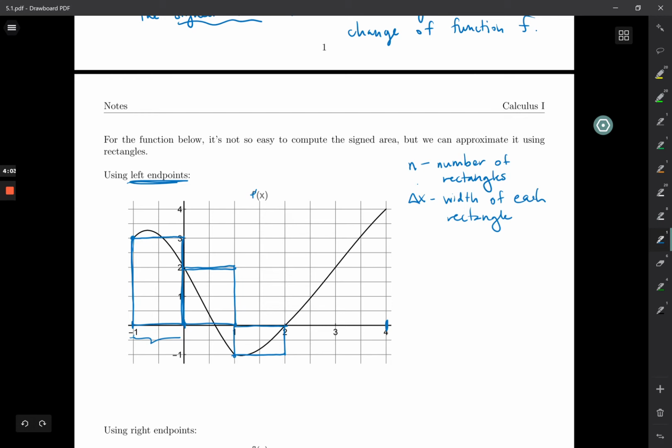Right? So just to make this clear, I'm going to shade these in as well. So that's our first rectangle, second rectangle, third rectangle, and then next we have the interval from 2 to 3. Now notice that the function at 2 is equal to 0. So actually here our rectangle has 0 height, so that's fine.